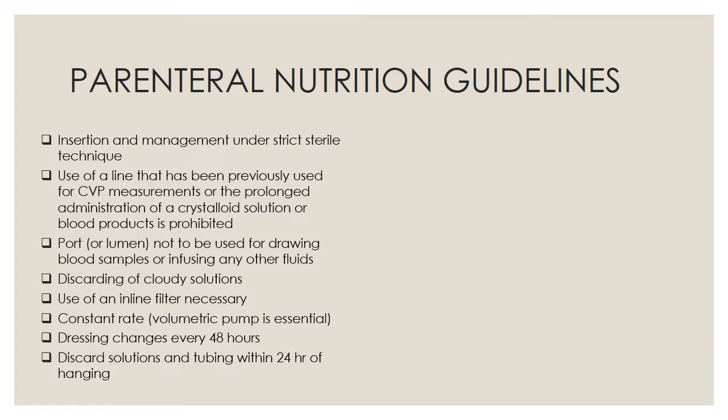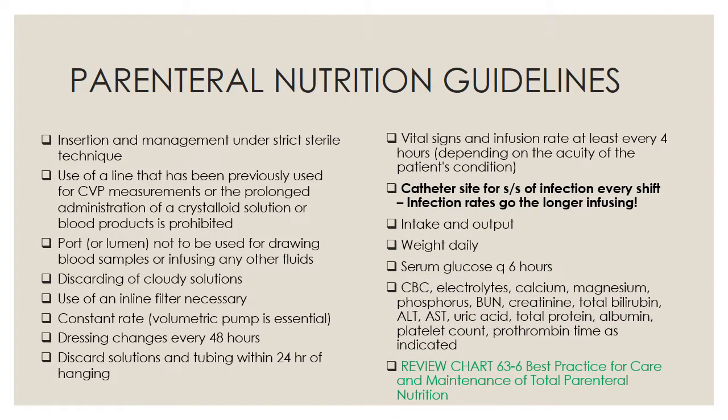You will do dressing changes every 48 hours, and you want to discard solutions and tubing within 24 hours of hanging. You will also monitor vital signs and infusion rate at least every 4 hours, depending on the acuity of the patient's condition. You want to check the catheter site for signs and symptoms of infection every shift.